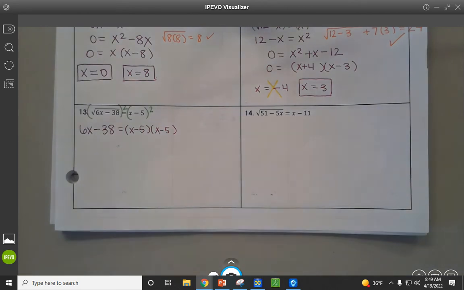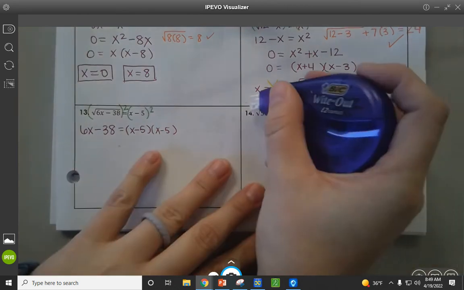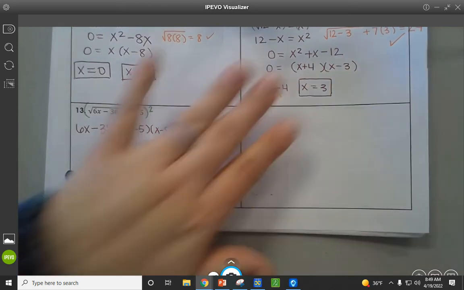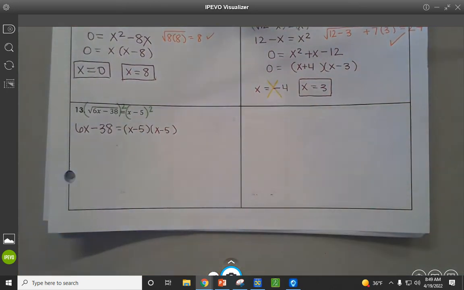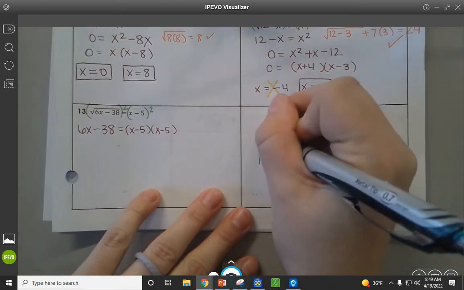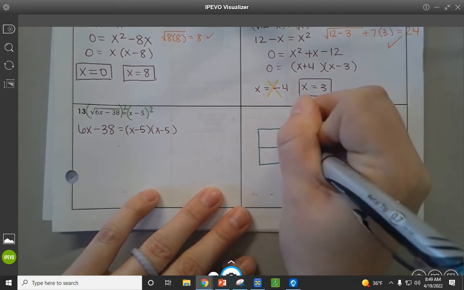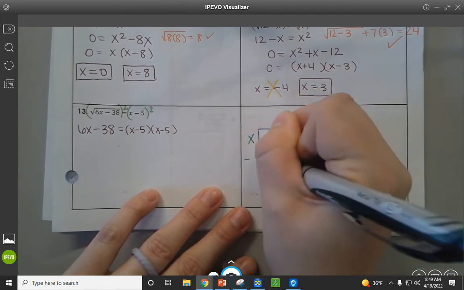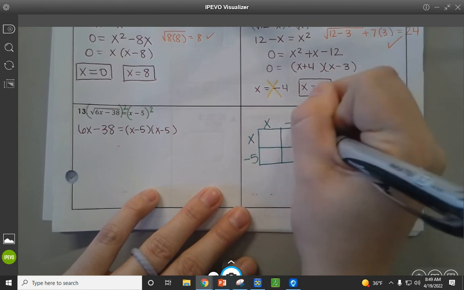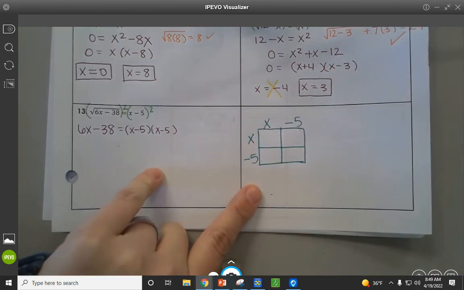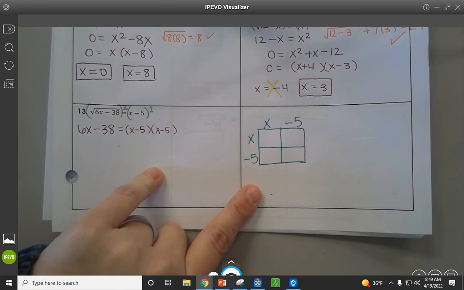X minus 5, x minus 5. Get x squared, a negative 5x, a negative 5x, and 25.